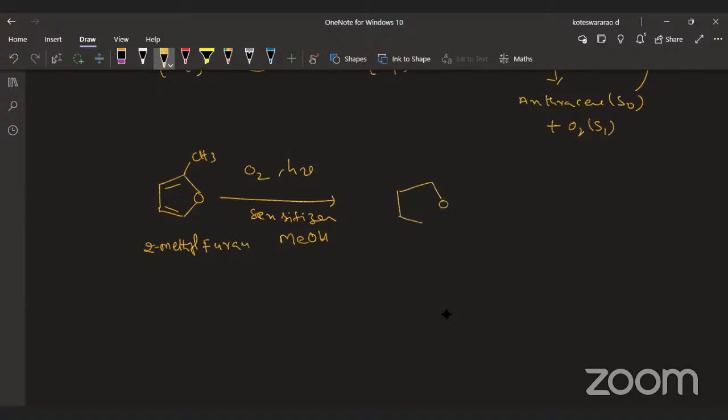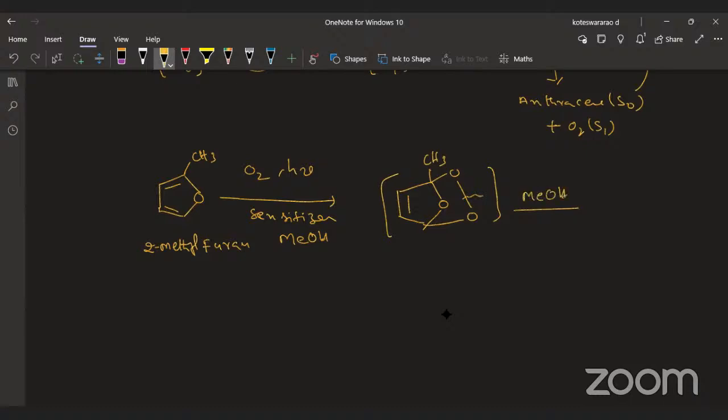Okay, such kind of product can also be seen in the case of cycloaddition reactions, but there we are using olefins only, but here we are using the singlet oxygen. This transition state will be generated. Further, it is undergoing dissociation of this bond in presence of methanol.